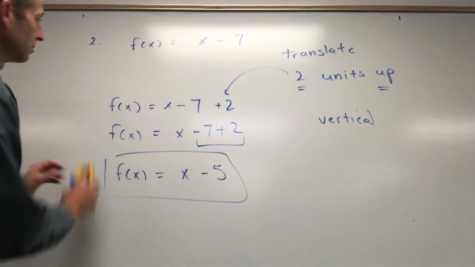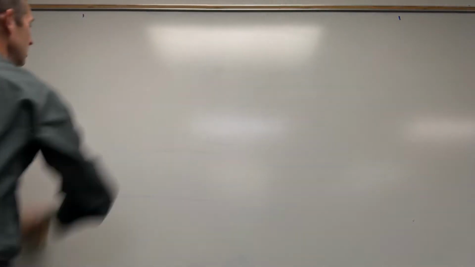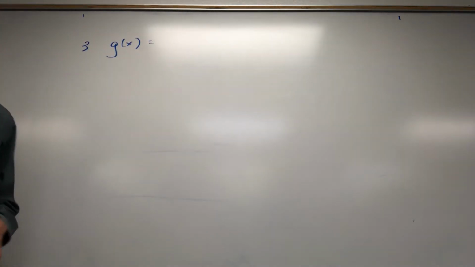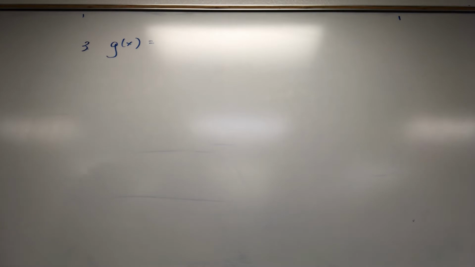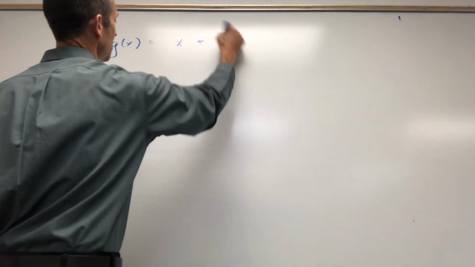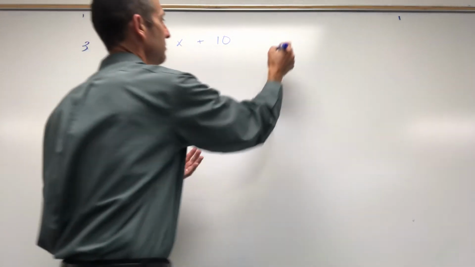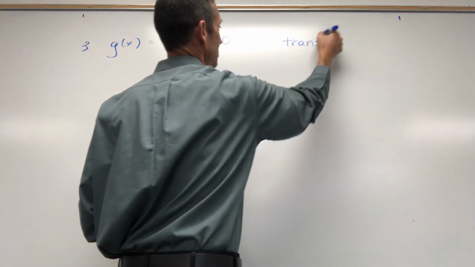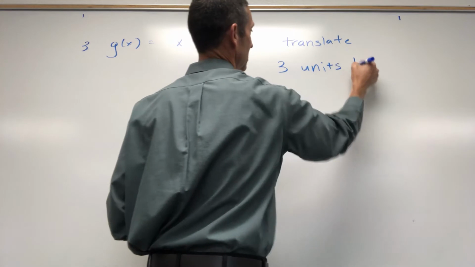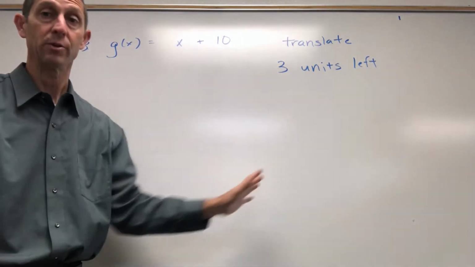All right, let's write another one. Let's go the other direction. Let's do a horizontal one. Let's say we had g of x is equal to x plus 10, and we're going to translate 3 units left. So left, right means horizontal translation.